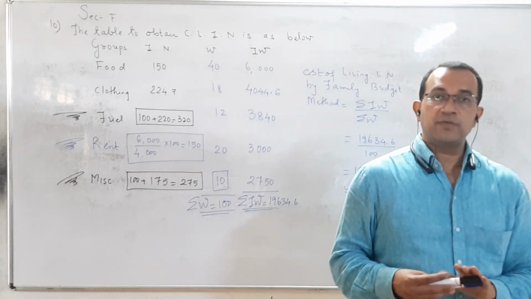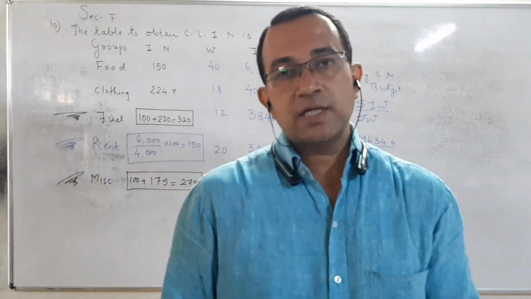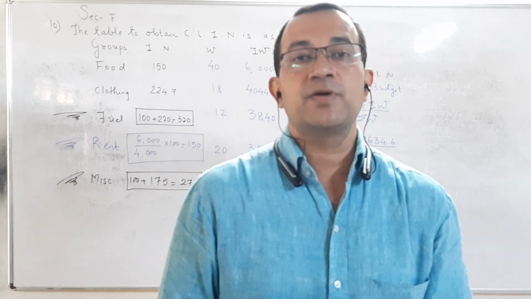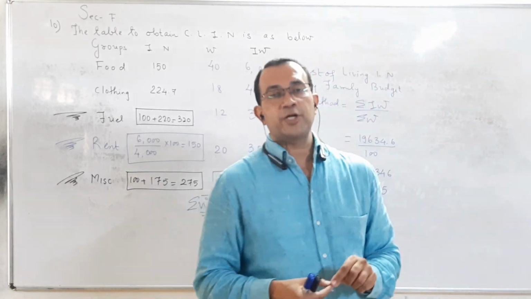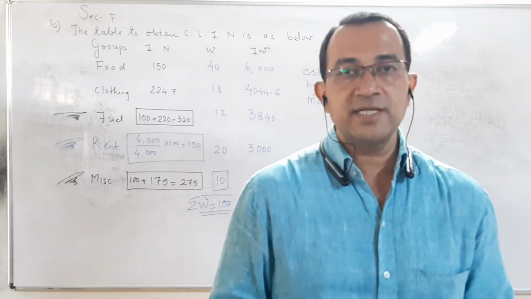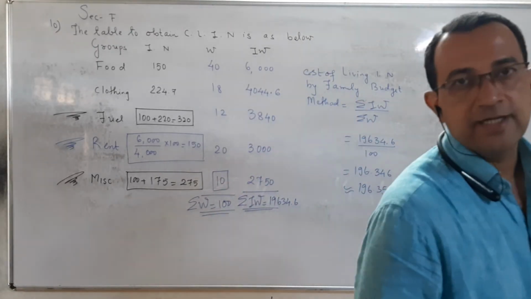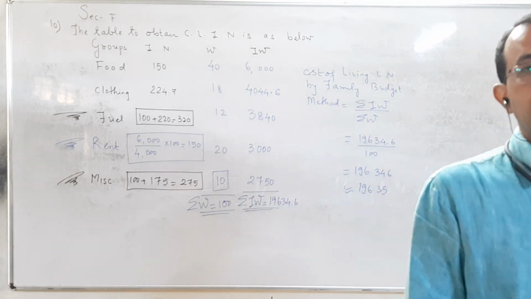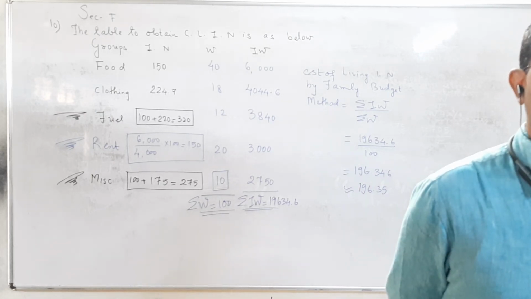Whatever index number we obtain, we subtract 100, and whatever answer we get, that is the percentage increase in whatsoever index number we have to find. So in this sum, the final interpretation is cost of living in the current year compared to the base year has increased by 196.35 minus 100, and that is 96.35%. This is what, students, we have to remember.